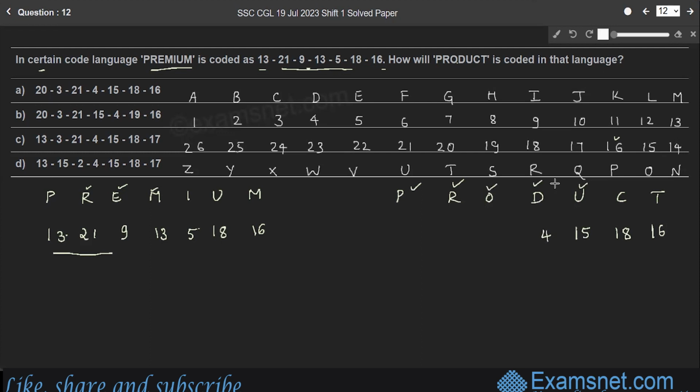The value of U is 21, of C is 3, and T is 20. Therefore, the code is 23, 21, 4, 15, 18 and 16. So, option A is the right answer, which is the code for product. The simple logic is that we are writing their positional values in reverse manner, right?